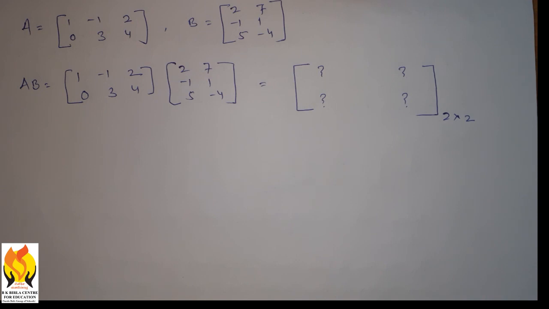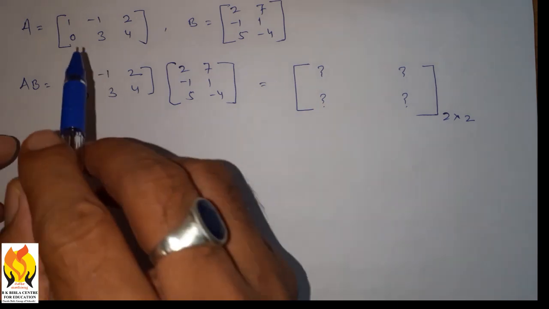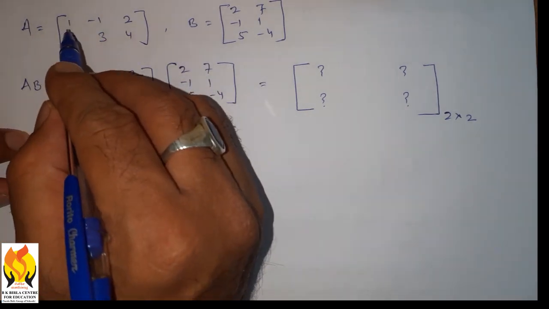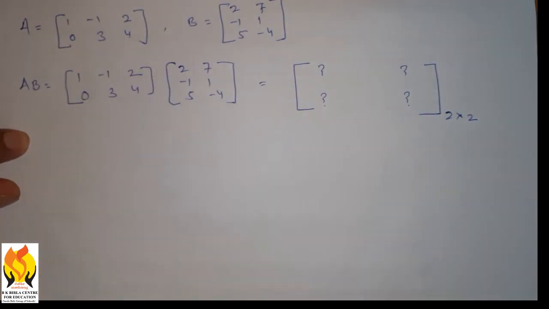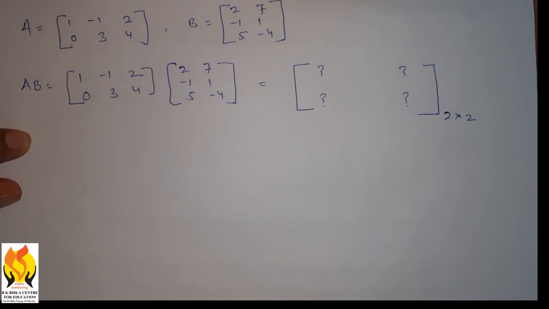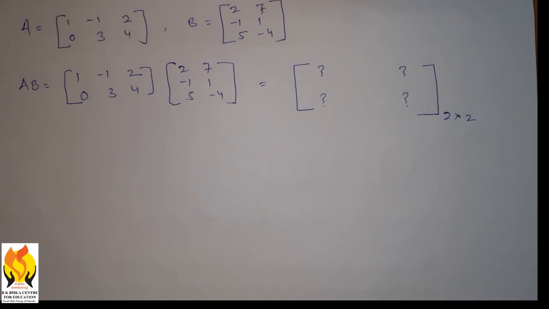Now, we are going to look into how we do the multiplication of the matrices. Look here, boys. Matrix A is 1, minus 1, 2, 0, 3, 4. And matrix B is 2, 7, minus 1, 1, 5, minus 4.